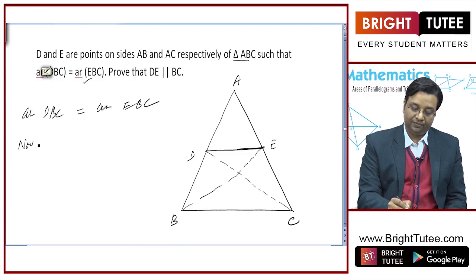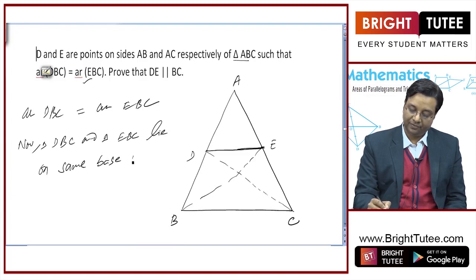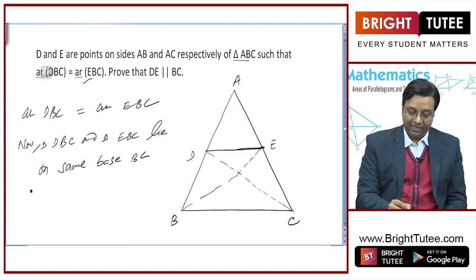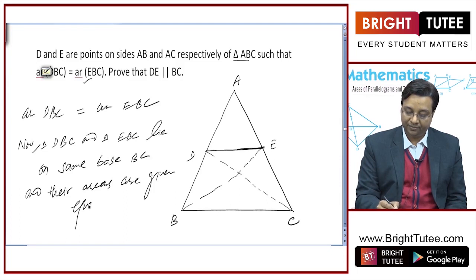Now triangle DBC and triangle EBC lie on the same base BC and their areas are equal. Their areas are given equal.